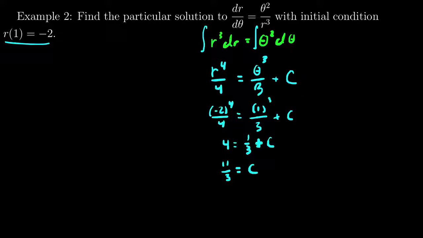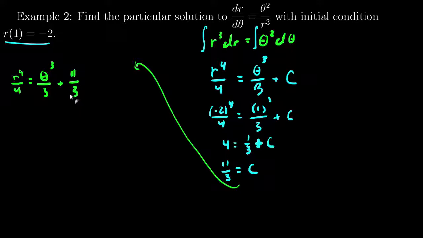And now I actually have a little bit more work to do, so let me bring this over here, replace the C, and I'm sitting at r to the 4th over 4 equals theta cubed over 3 plus 11 over 3. And I guess I can write this as one fraction, so I have r to the 4th over 4 equals theta cubed plus 11 all over 3.